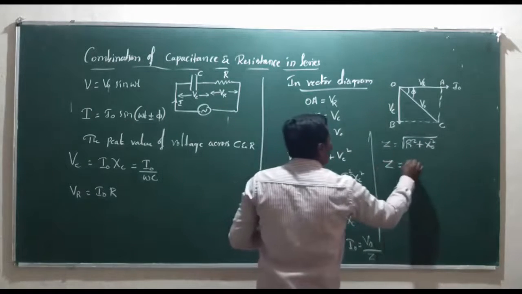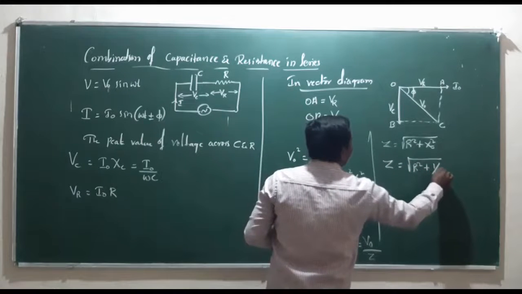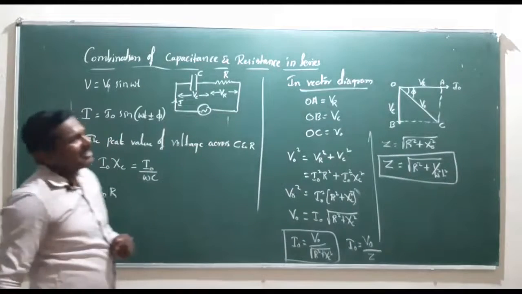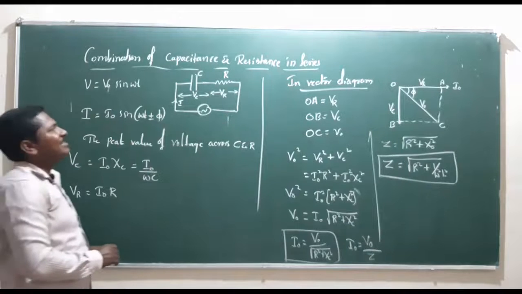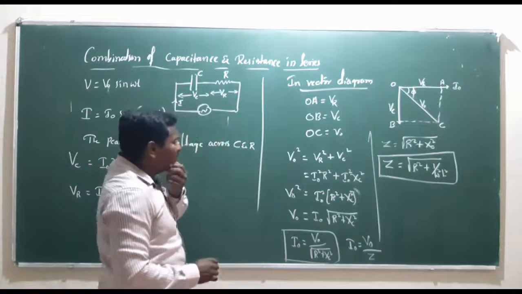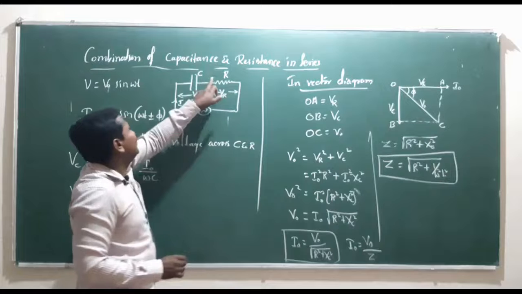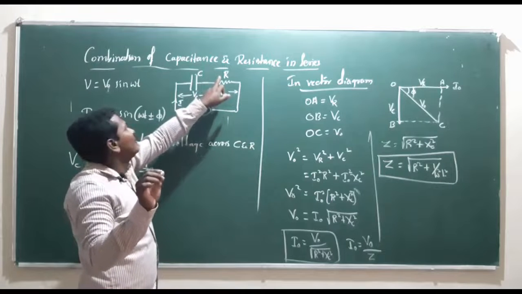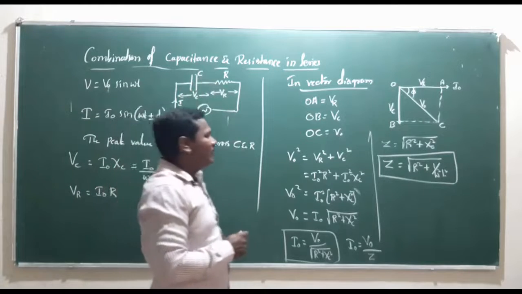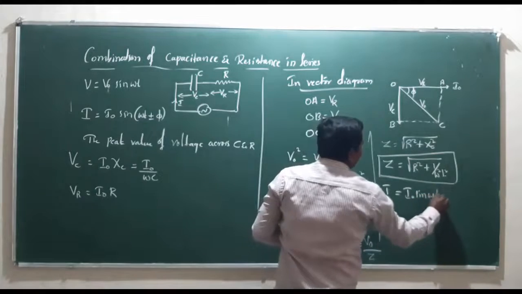This can also be written as the square root of R square plus 1 divided by omega square C square, and this is the value of impedance in the combination of capacitance and resistance in series. We know that in the combination of a capacitor and resistor, the resistor is in phase with the current, but the capacitor is not. We know that I is equal to I naught sine of omega t.